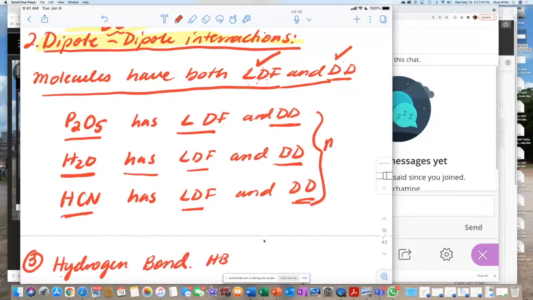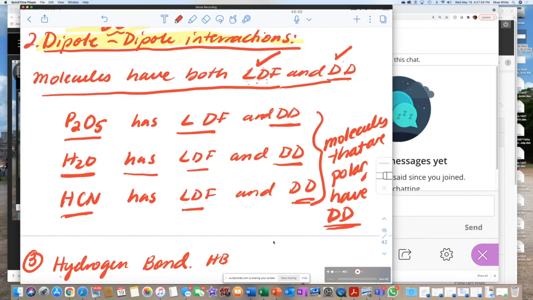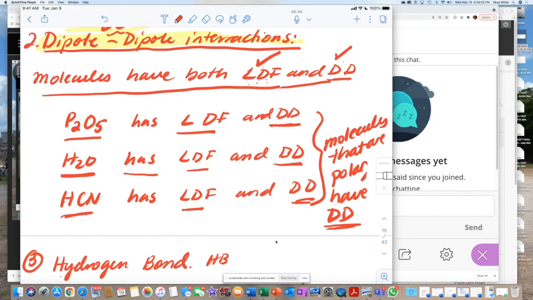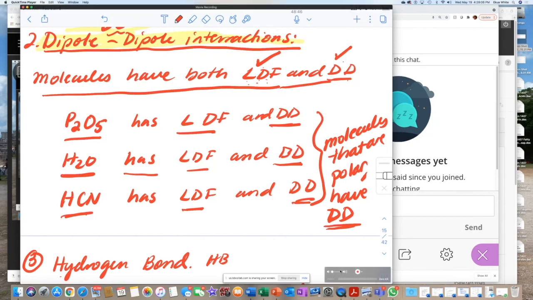Essentially, molecules that are polar, comma, have dipole-dipole. Okay? So you have to judge the molecule as polar first. Are we making a lot of judgments here? Yes. First of all, you judge the molecule as a molecule, right?